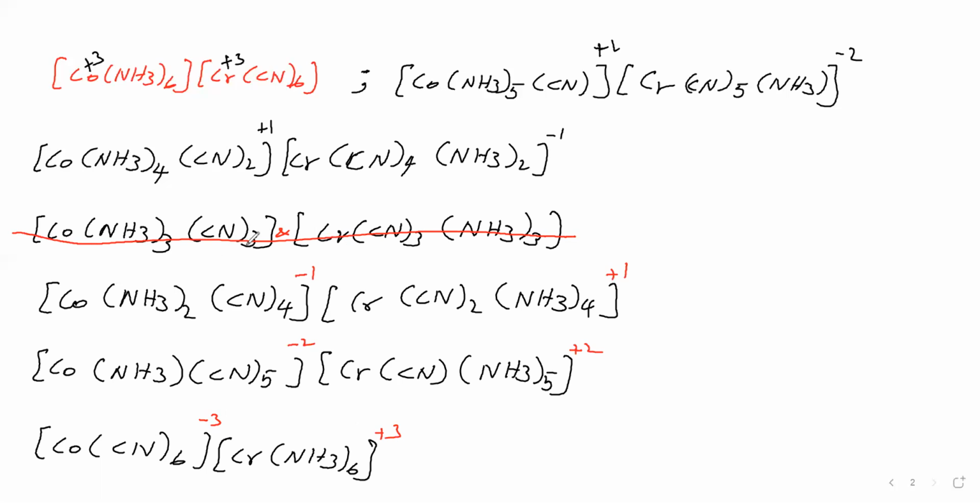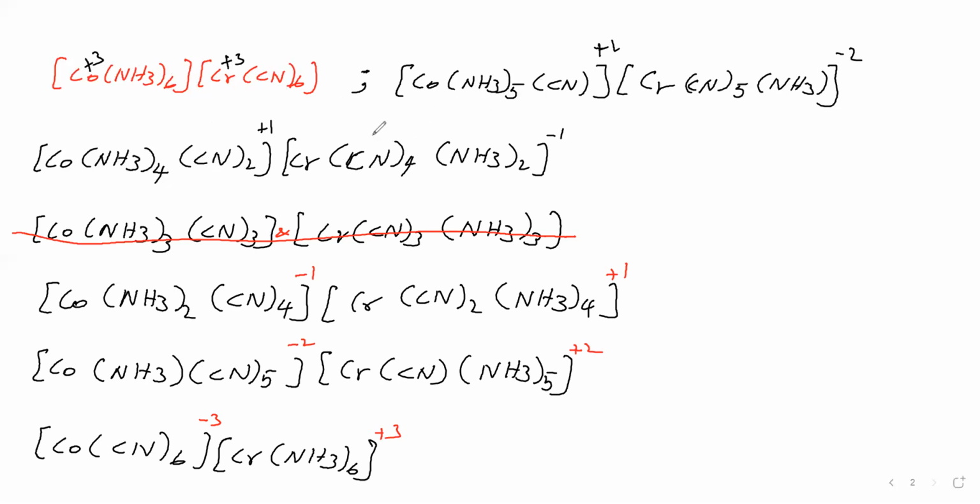Now we have taken the complex compound. Here cation is complex, anion also complex. By interchanging the ligands, we got these complexes. These are called isomers because they have same molecular formula. But structure is different.